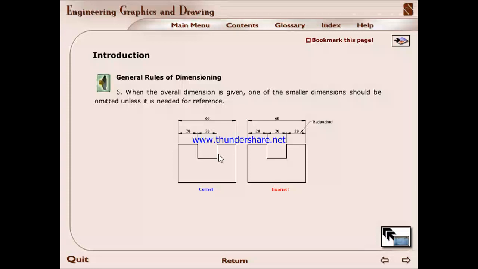When the overall dimension is given, one of the smaller dimensions should be omitted unless it is needed for reference.